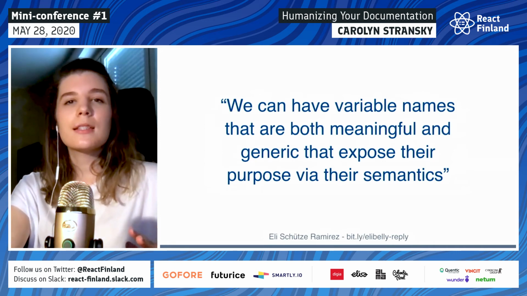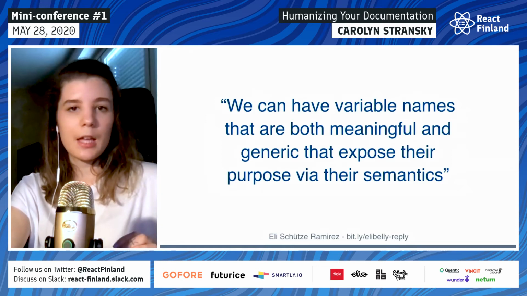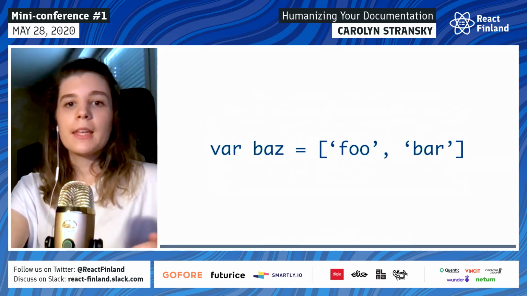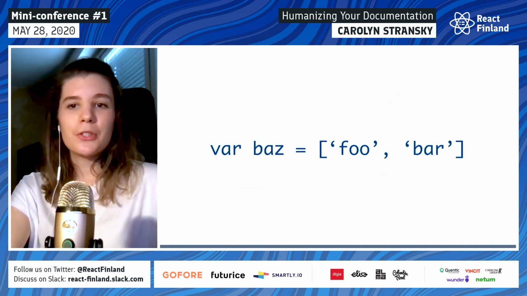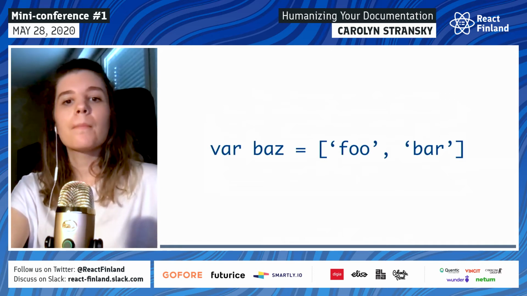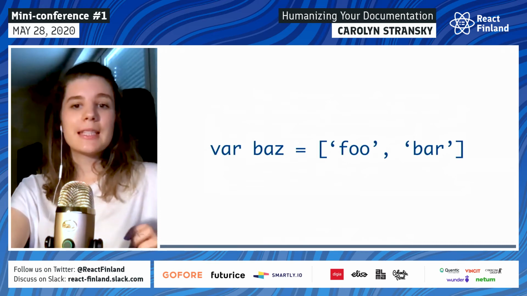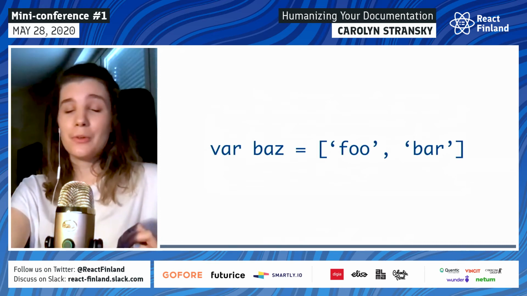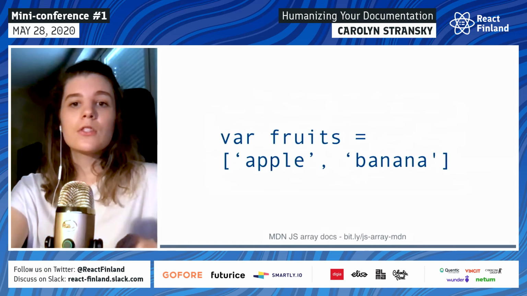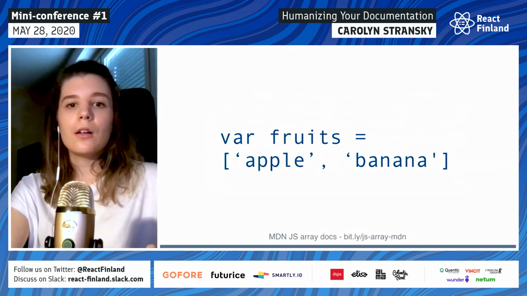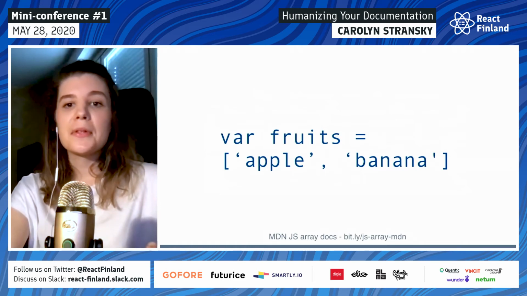She uses the example of an array, and I want to dig into that a bit further. Here's an array named Baz with 2 items, foo and bar. Say I'm learning what arrays are and how to work with them. These variable names are way too abstract. So instead, we can name our array list of fruits and call those items apples and oranges, apples and bananas.